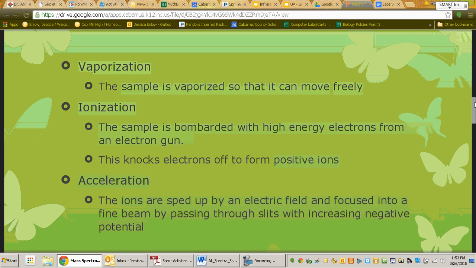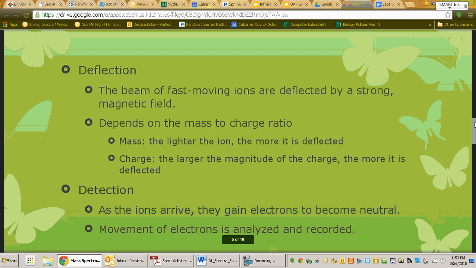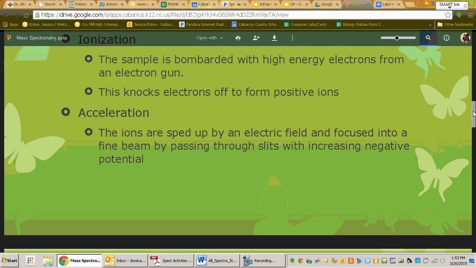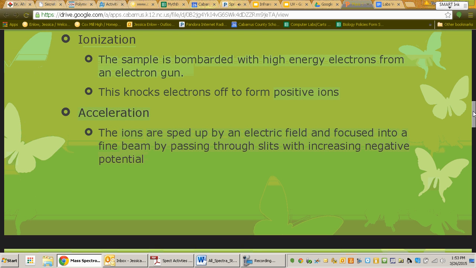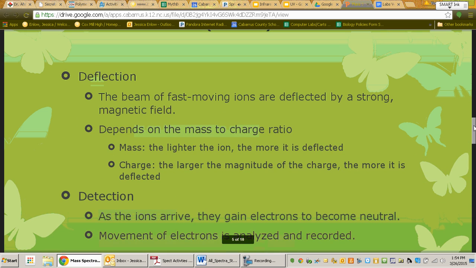Then the moving positive ions are deflected by a strong magnetic field. Basically, the ions are accelerated by an electric field and focused into a beam, which is passed through different slits with negative potential, and then they're deflected by an electromagnetic field.